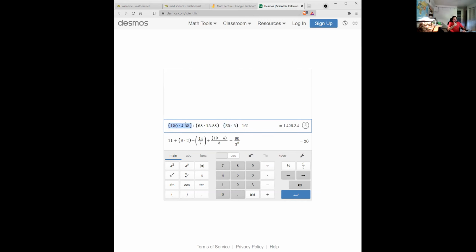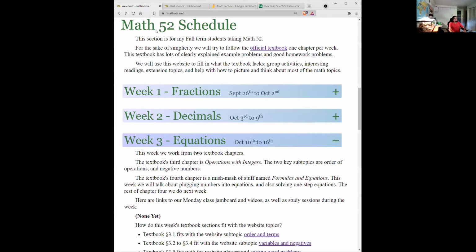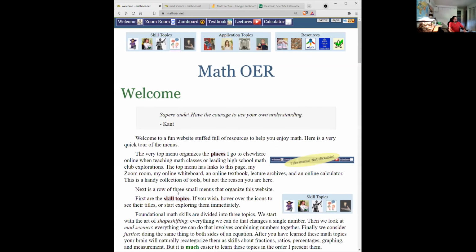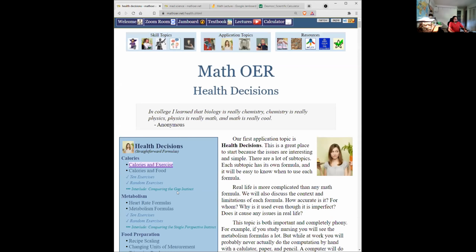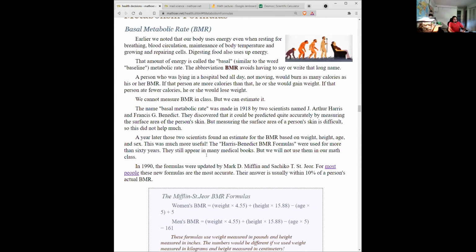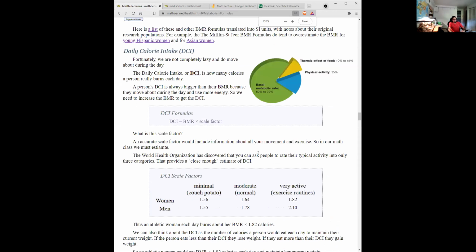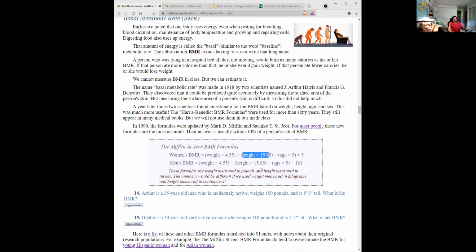The parentheses are only there to help my eyes see that when I was doing this formula, the weight was 1 term, the height was 1 term, and the age was 1 term. And it kind of makes sense the way people's bodies work, that those are 3 independent things, and you just put the numbers together at the end.